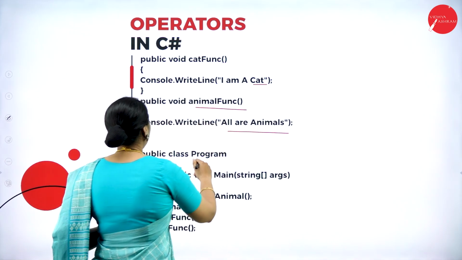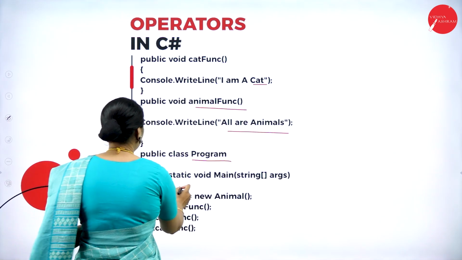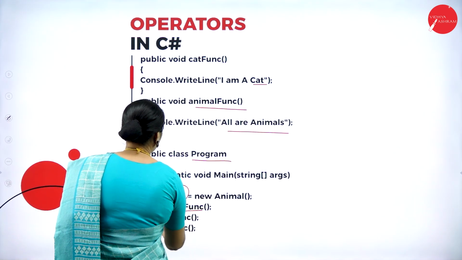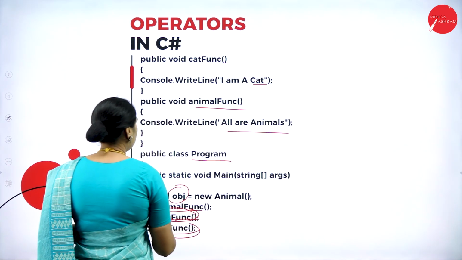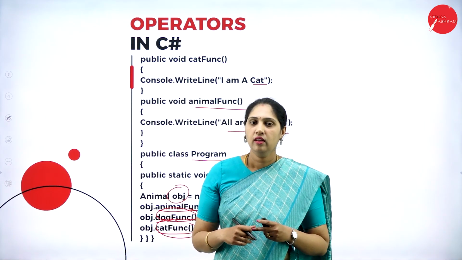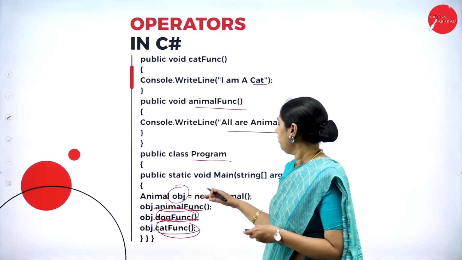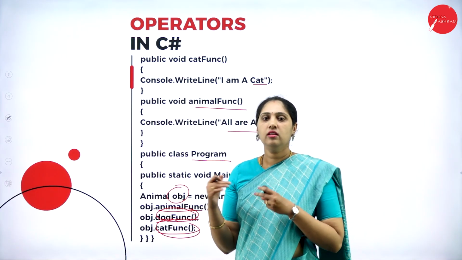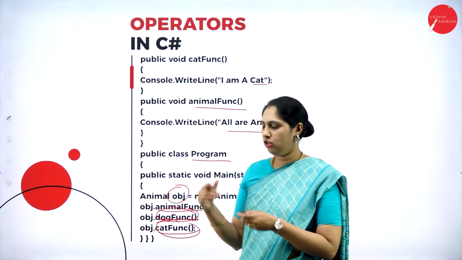Now, in the program, what we do is we'll create an object for animal and all the functions are accessed. Say it is dog function, cat function, animal function. We are able to access all the functions. Why? Because we have implemented all the interfaces. So when we call the animal function, that Console.WriteLine display will be executed.